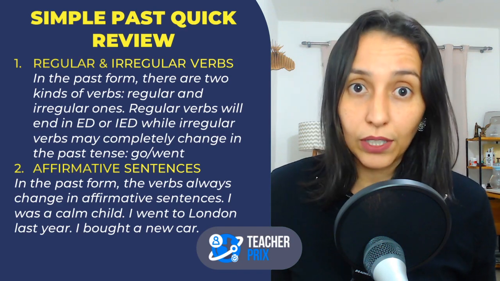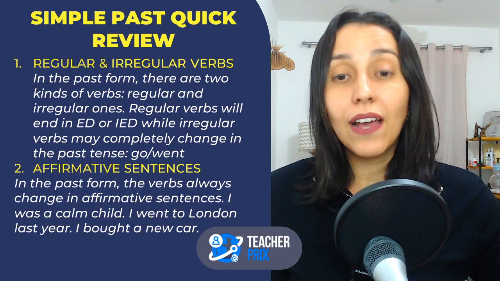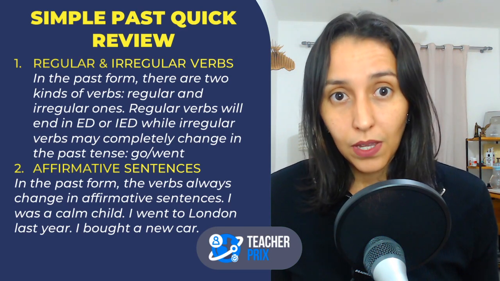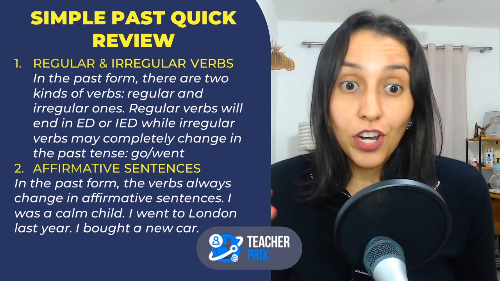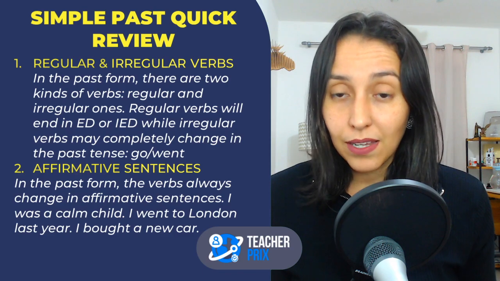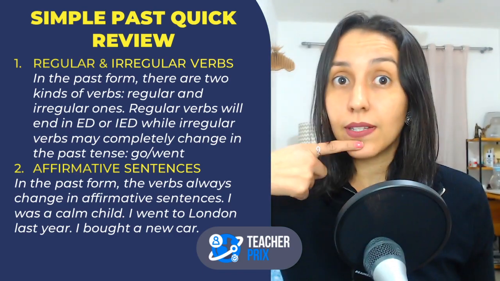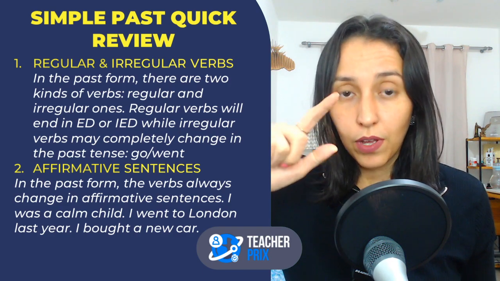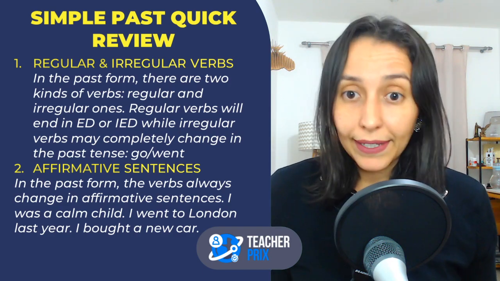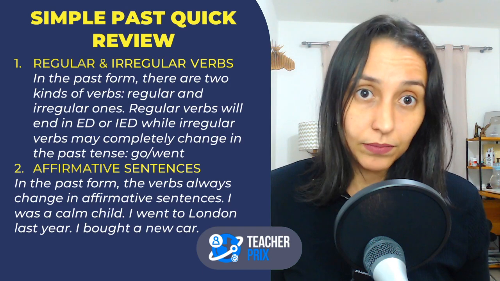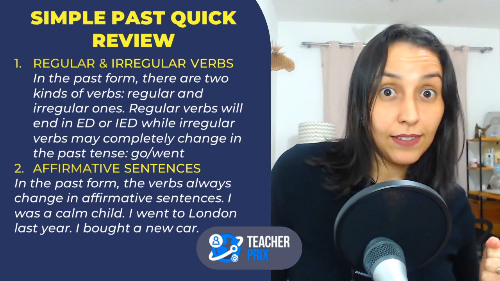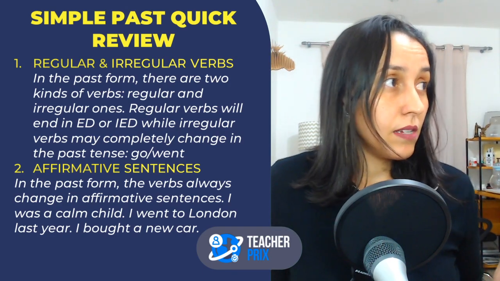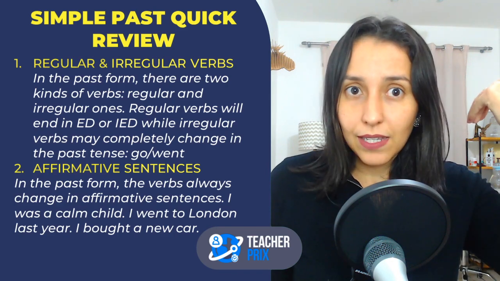Want is regular, wanted. And then we have the irregular verbs. Irregular verbs change completely in the past. Either the spelling and pronunciation change or just the pronunciation will change. For example, buy, to buy, bought. Run, ran. Let's see, eat, ate.